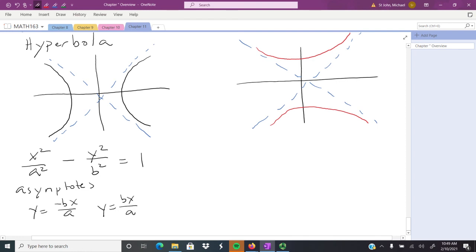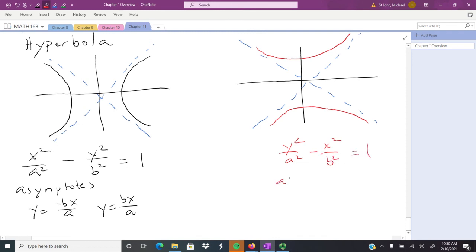And then over here on the other side, we'll have that our equation is going to be y squared over a squared minus x squared over b squared equals 1.